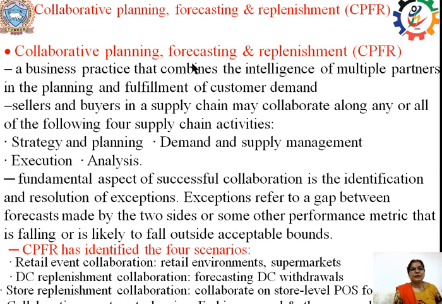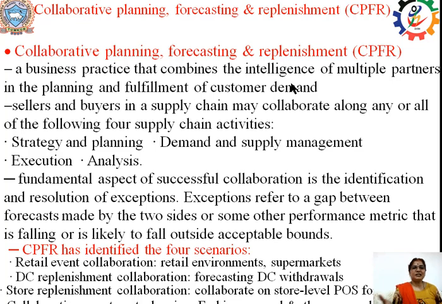Go for collaborative planning, forecasting and replenishment. In short, it is CPFR. A more well-known, popular model, once again, a business practice that combines the intelligence of multiple partners, all sitting together for planning and fulfillment of customer demand. Planning, forecasting, replenishment, all executions, everything.